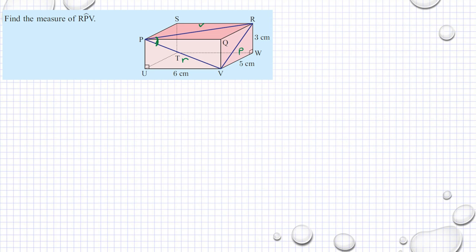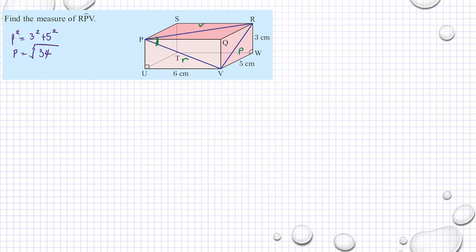Pythagorean theorem. For our p, we have p squared is equal to 3 squared plus 5 squared, and p is equal to the square root of 9 plus 25. What will be? 34. Sorry, 34.